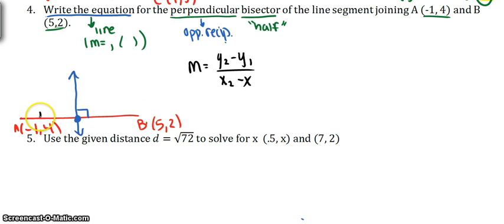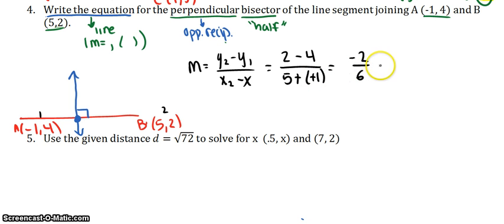Okay, let's just call this point 1, this point 2. Go ahead and plug them in and calculate the slope. So we'll take our y's, subtract them, and our x's and subtract them as well. Watch your negatives and signs here. You're subtracting a negative, that's really like adding. So this becomes -2 over 6, which is really just simplified to -1/3. That's the slope of this red line here.